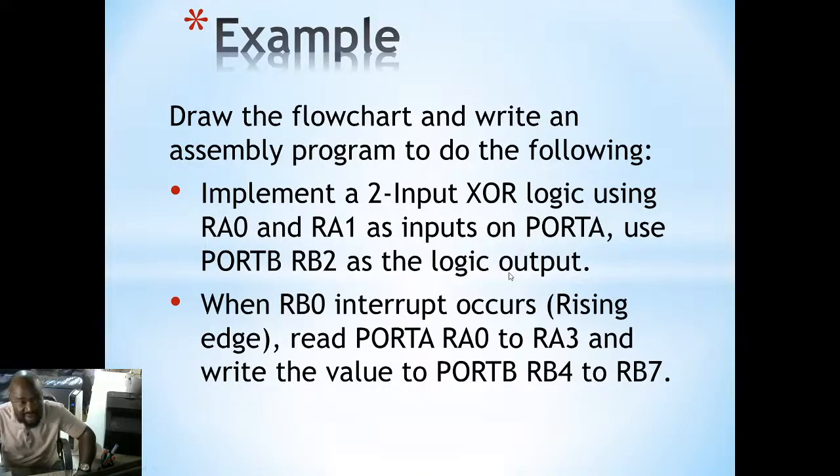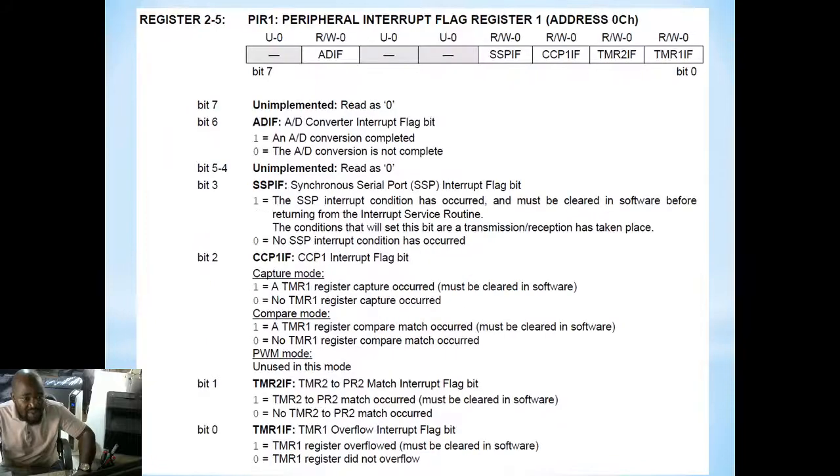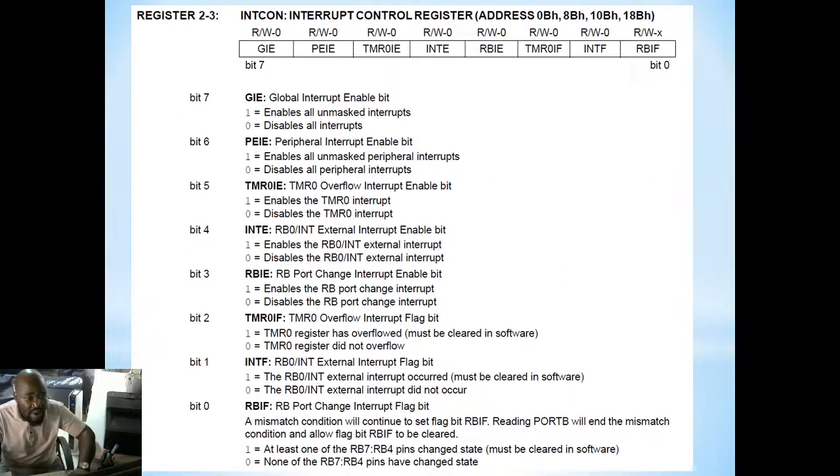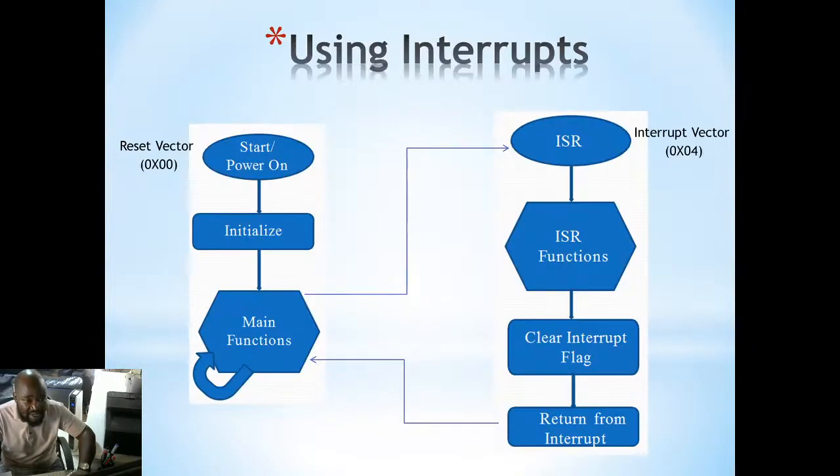let's look at how we can use interrupts in the form of an example. In this case, we're going to focus on the RB0 interrupt. I said for us to implement interrupts, we're going to have two flowcharts.